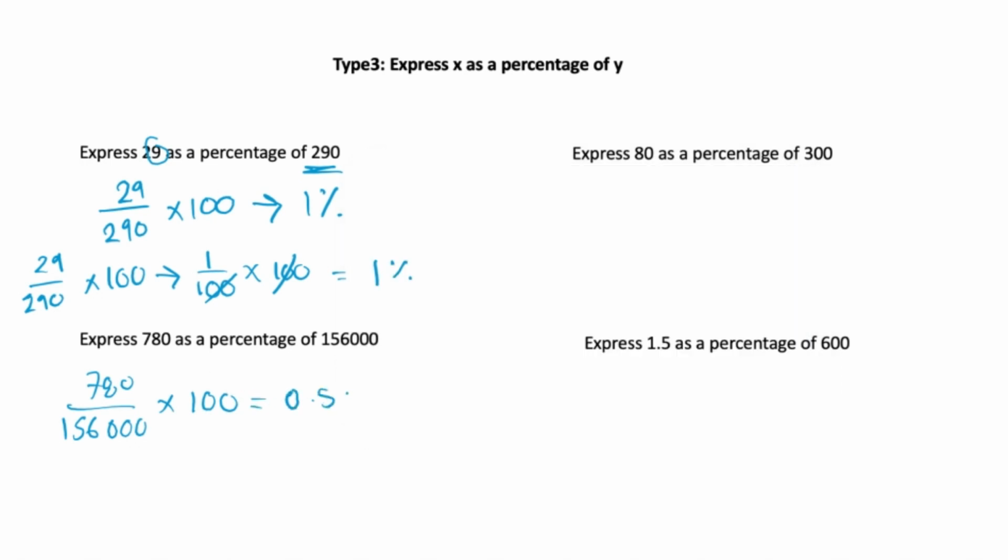Next question. Same thing. Express 80 as a percentage of 300. 80 over 300 times 100. Done. Get the answer using a calculator. Express 1.5 as a percentage of 600. 1.5 over 600 times 100.